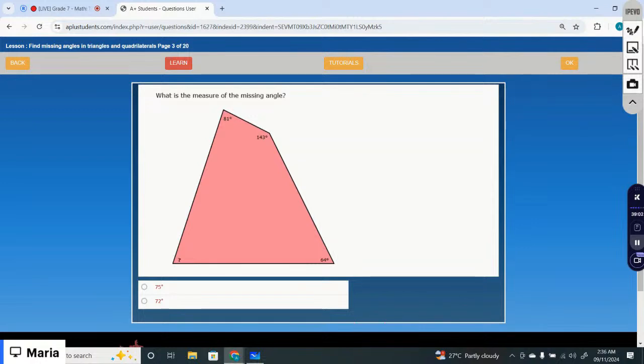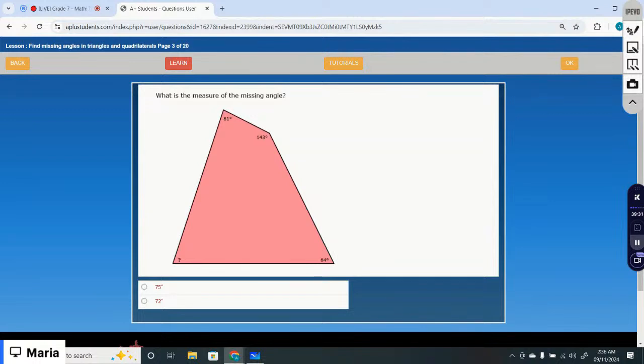What is the measure of the missing angle? Add them and subtract them out of 360 degrees, right? Because that's a four-sided shape, so the sum of all the angles must be 360 degrees.